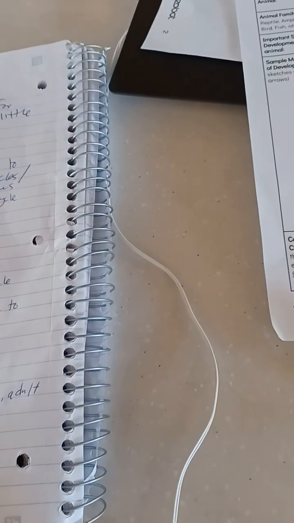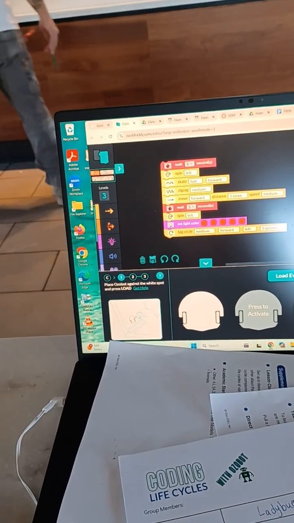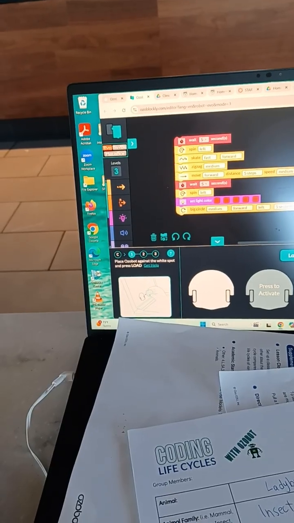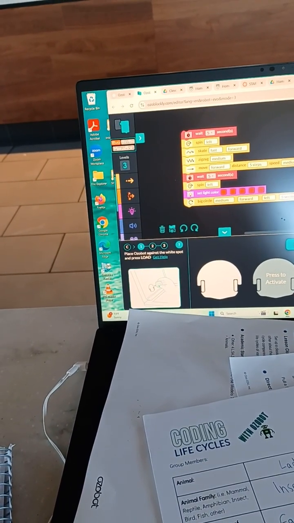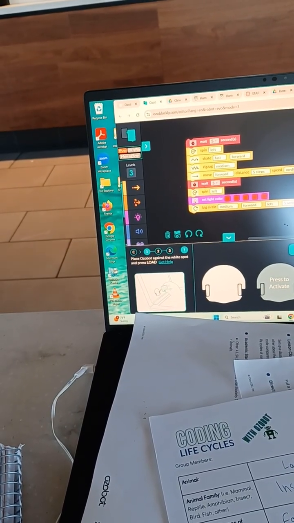Another access point could be pre-teaching the animal cycles. Maybe I was thinking of just choosing one animal family that has the same cycle.